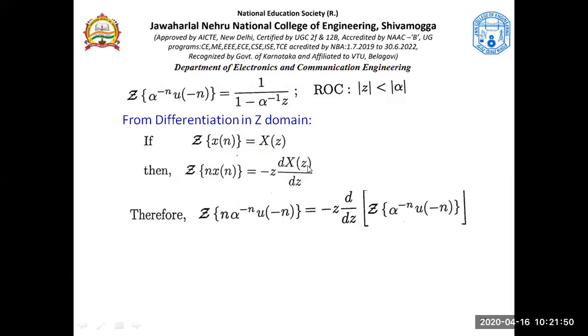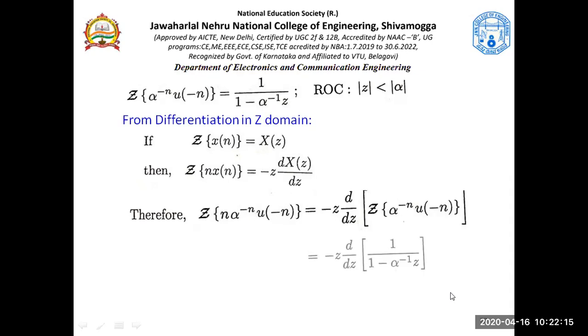It would be there when you are multiplying n to a signal. So we are multiplying this n to this signal, for which we already know the z transform. So this would be minus z times d by dz of the z transform of this, something that we obtained already.